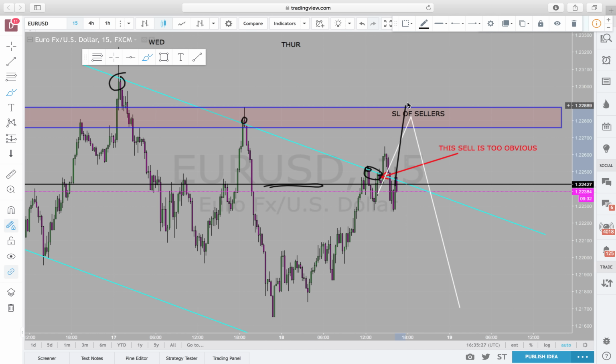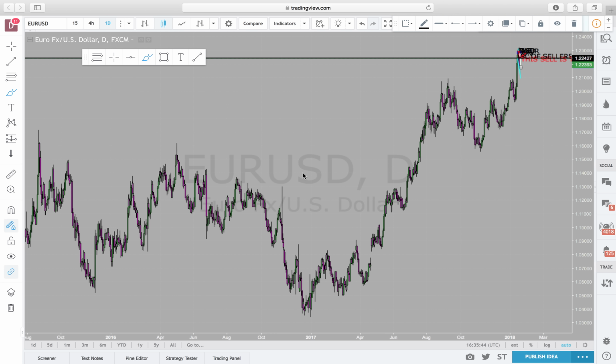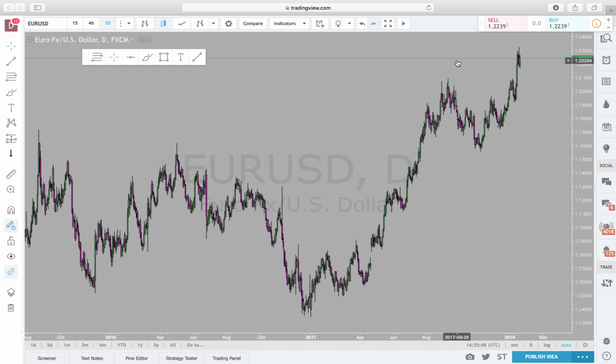I wouldn't be surprised if we get one more hit up to take out the sellers and then a drop, because it's too obvious. But anyway, let's check out the daily. Let's see if we can find that same structure.